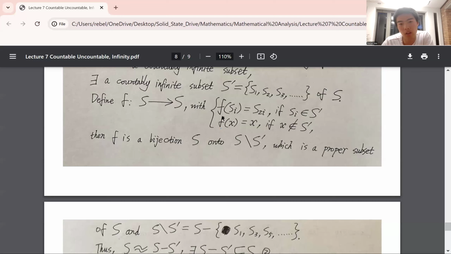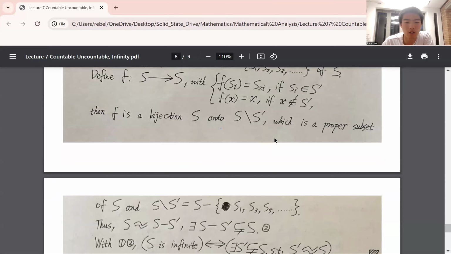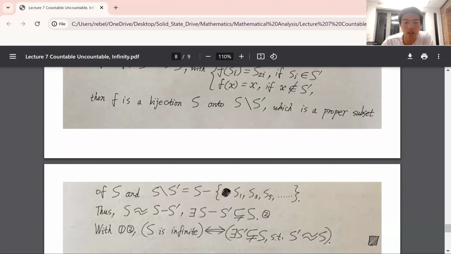If we consider S1, it is no longer hit, so the image is a proper subset. That's right: it's S minus this element, so we have fewer elements in this one. So this is a proper subset of S, and there is a bijection between them.